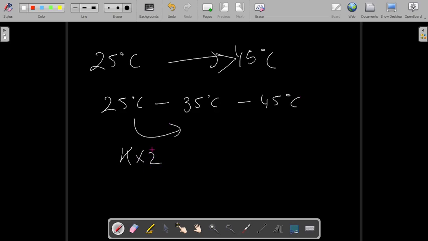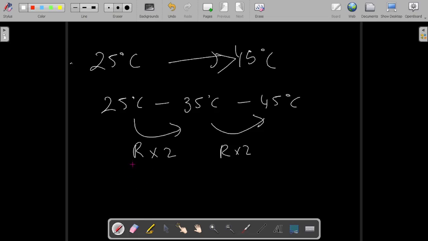That's what we learned. So the rate is multiplied by 2, and when we go from here to here, the rate is multiplied by 2 again. So we're multiplying by 2 every single time.